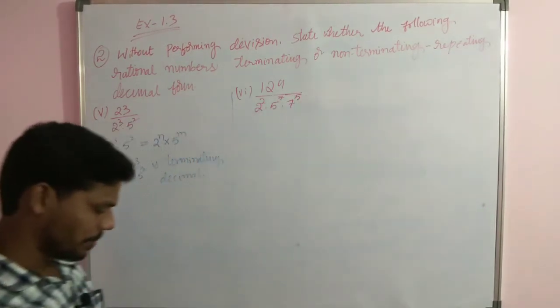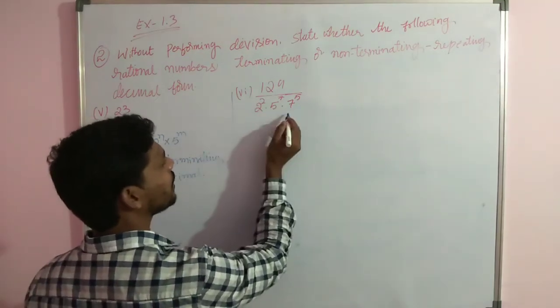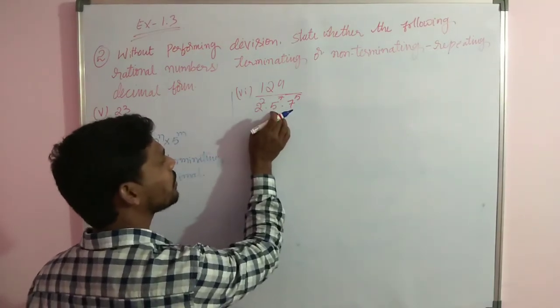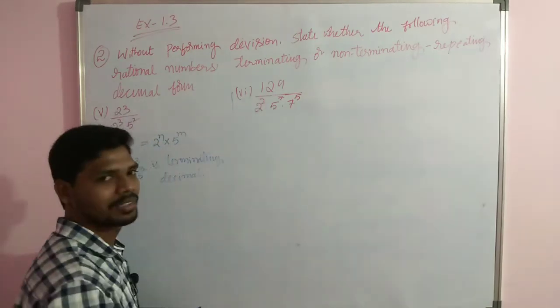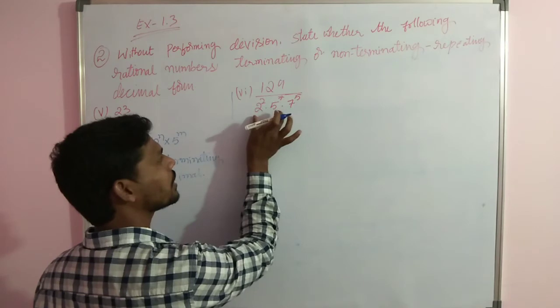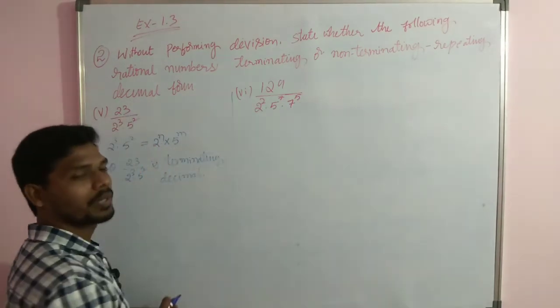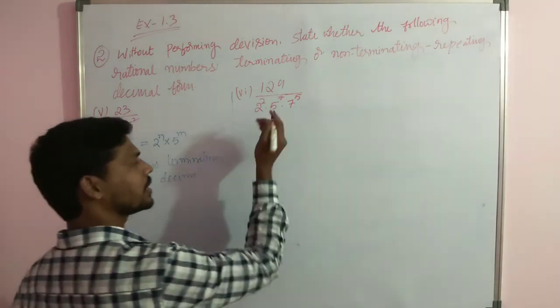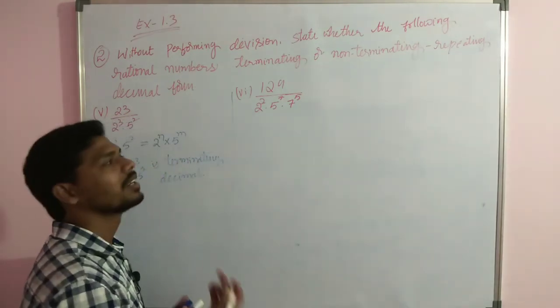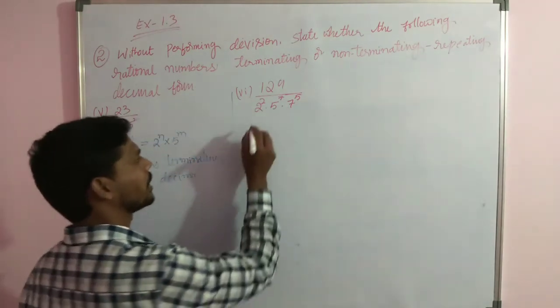Here the denominator has 2 powers, 5 powers and 7 powers. So this is not in the form of 2 powers and 5 powers. Here an extra 7 power is also included. So this is not terminating, that means non-terminating repeating decimal.